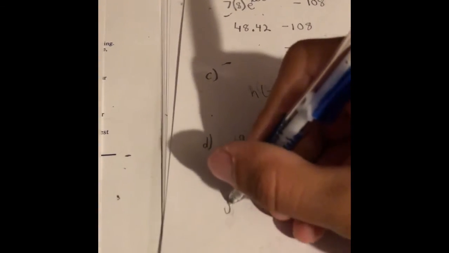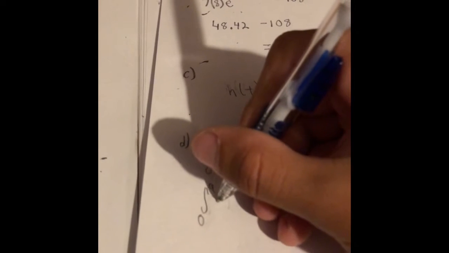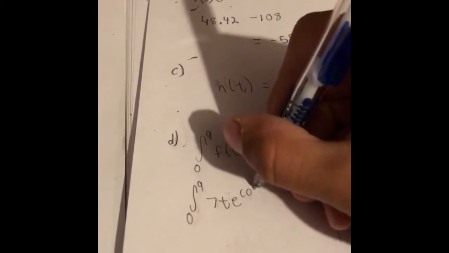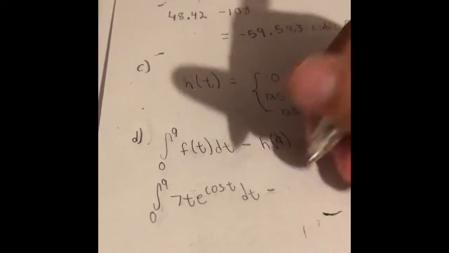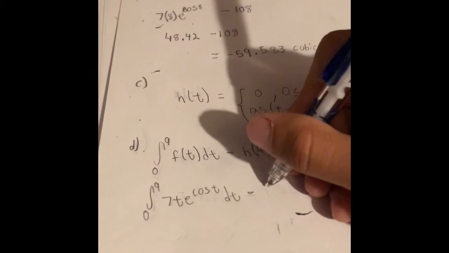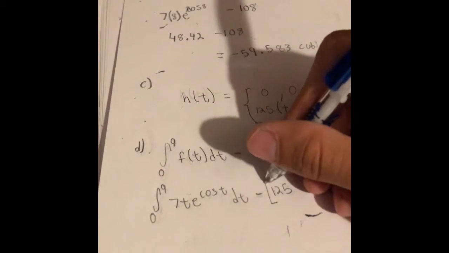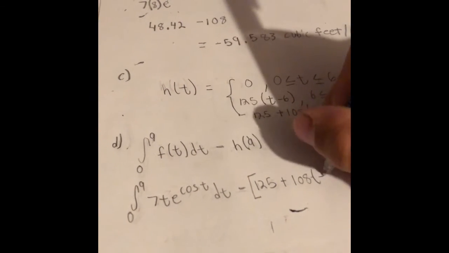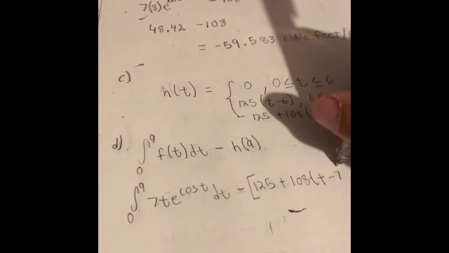And so the problem is the integral of 7t e to the cosine t dt minus 125 plus 108 (t minus 7).